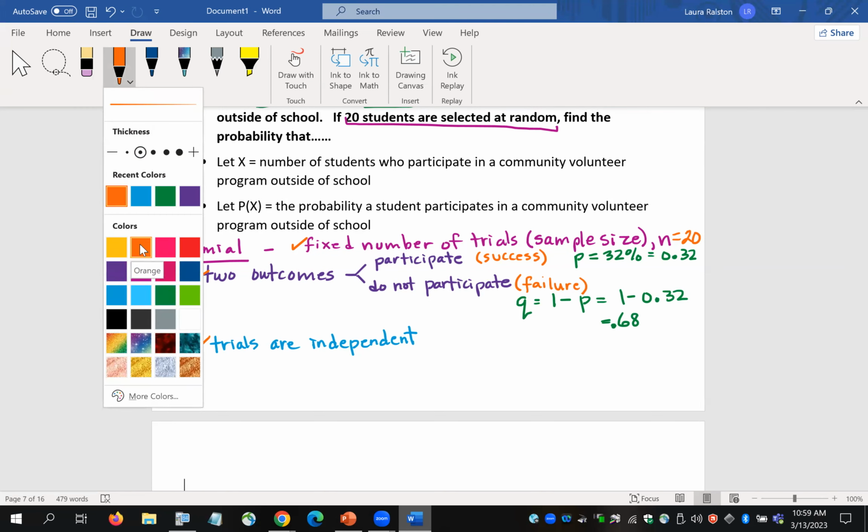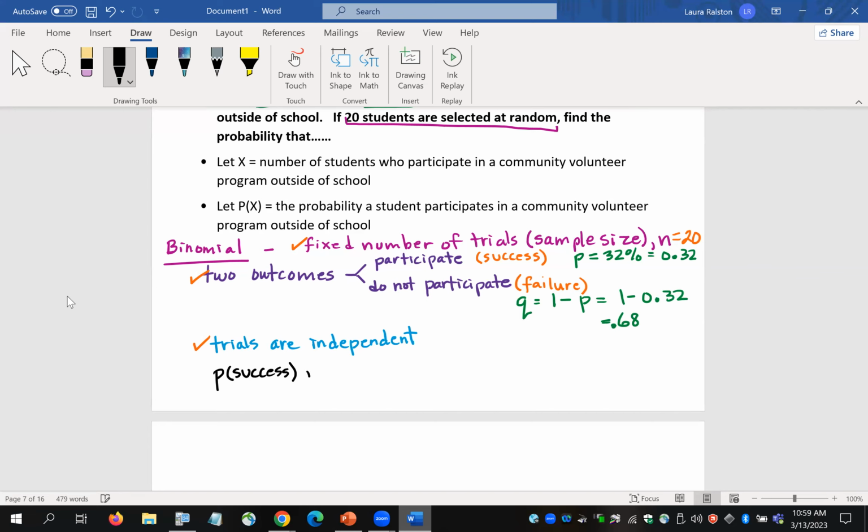The last one is that the P, your probability of success, is constant. Well, here again, they tell me that my probability of success is 32%. So I have to assume that it's going to remain at 32% throughout the entire problem.